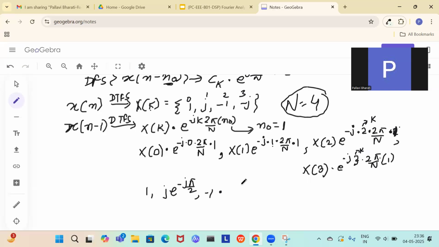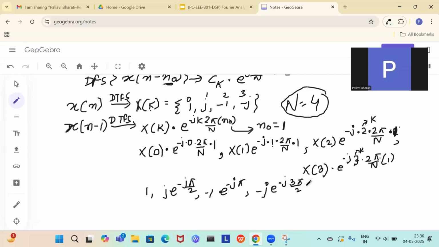So X2 is -1 times e to the power -j pi. After that, we have the fourth one, that is -j times e to the power -j 3 times 2 pi by 4. So it will become e to the power -j 3 pi by 2.